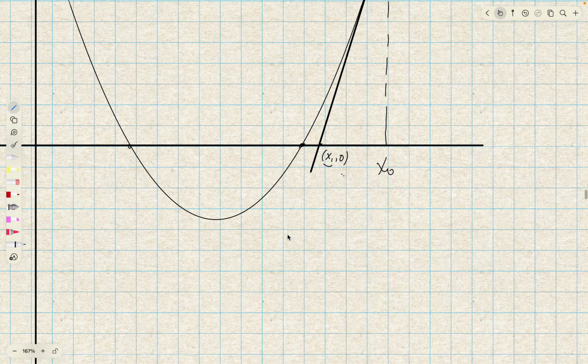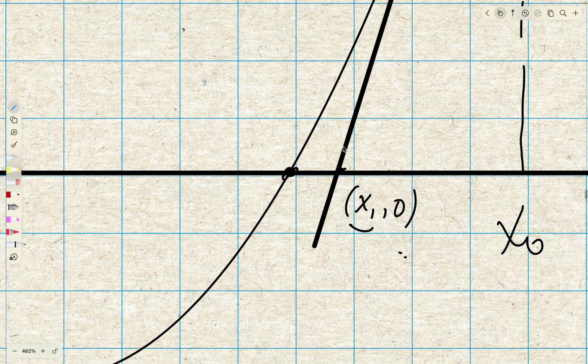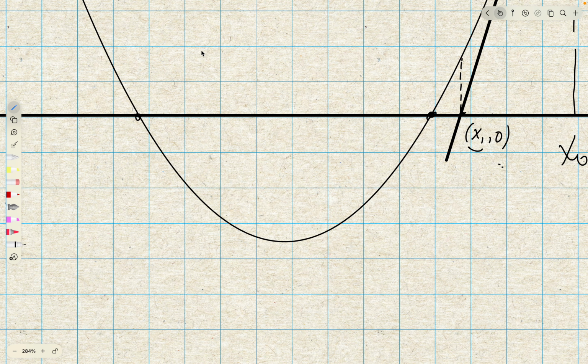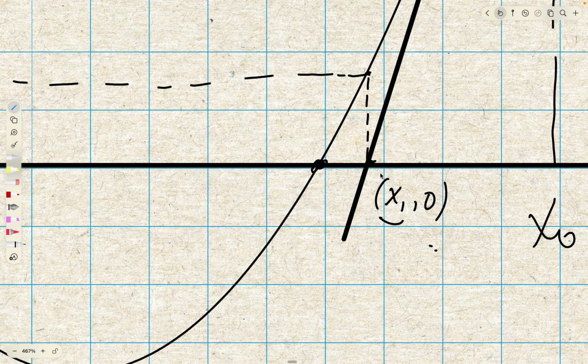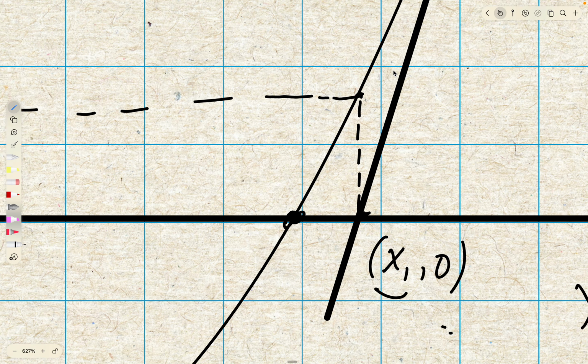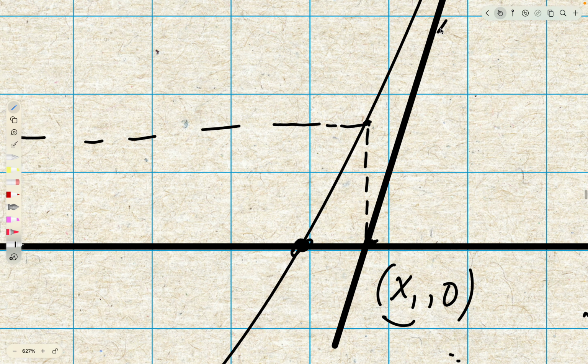It will look like this. This is our new point, and then we will do the same process and draw that line one more time.